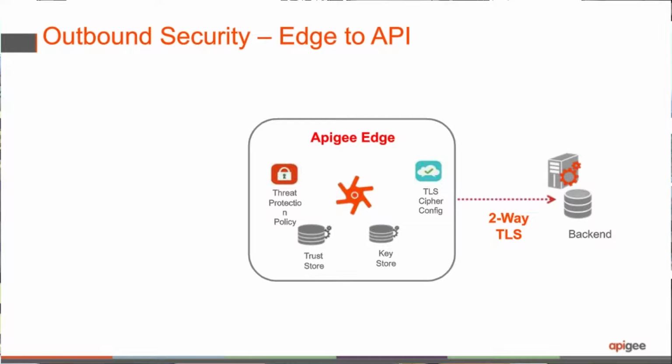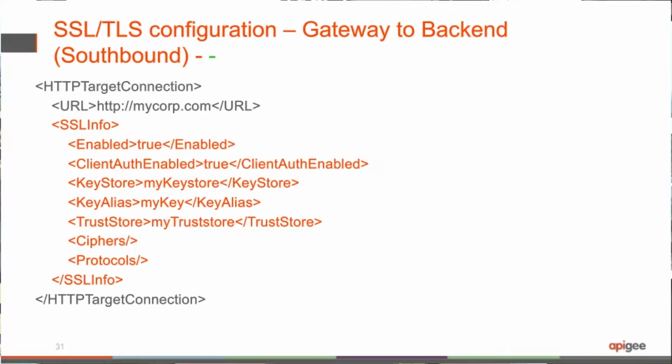And the same thing goes for the outbound security here. Outbound meaning communications between the Apigee Edge and your backend or API services. We sometimes call it southbound. Here again, you want to enable one-way or two-way SSL or TLS, and these are highly configurable. You configure that through the HTTP target connection construct with SSL information.